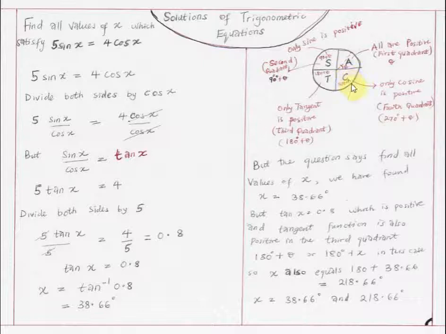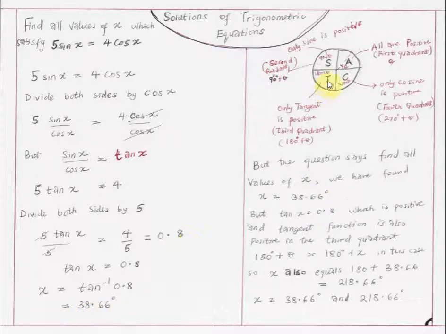So one way you can master this quadrant, if you draw a circle and divide it into 4, you write the letters A, C, T, S for acts, or you start from here and you write C, A, S, T, cast. But what we want to take out from here is that for the tangent, the angle is only positive in the first quadrant, which is between 0 and 90, and this angle is between 0 and 90, so that's one answer.